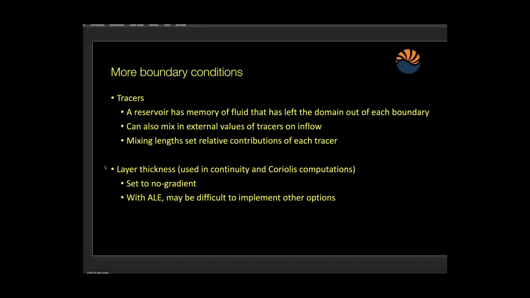And as I mentioned earlier, for layer thickness used in the continuity and Coriolis computations, right now they're set to no gradient with the ALE vertical coordinate. That's a little bit more difficult, but this is a place where we may ultimately spend a little bit more time trying to improve that.